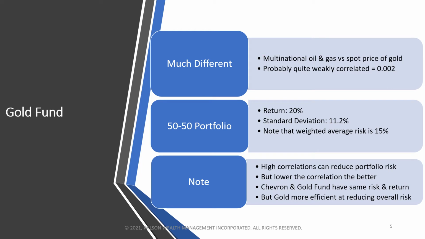And we would have seen an even lower standard deviation if the correlation had been, say, minus 0.4. The lower the correlation, the better the risk reduction. So we saw that Chevron and Gold Fund have the same risk, same return, but the Gold Fund is going to be more efficient at reducing overall risk.